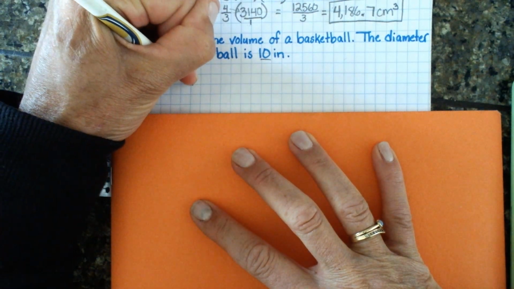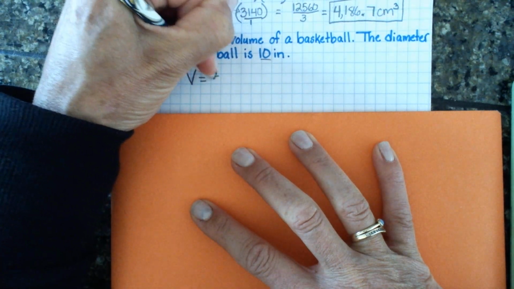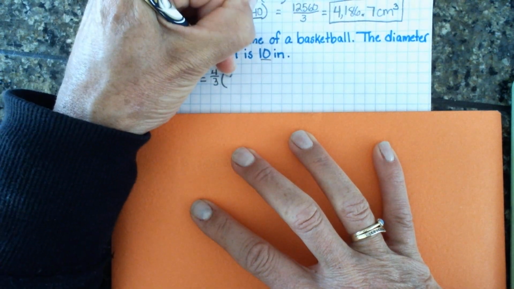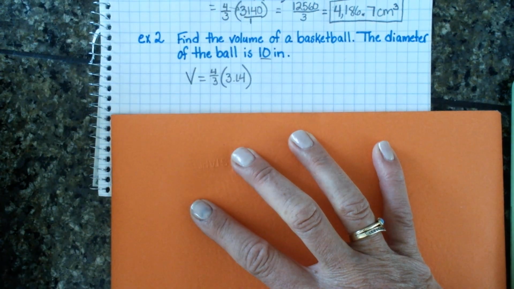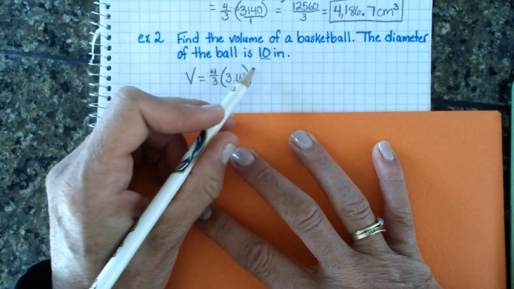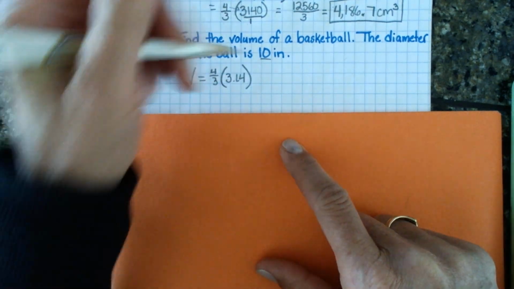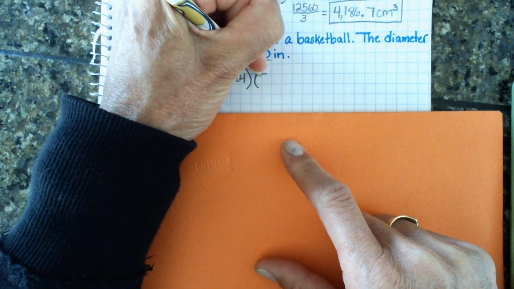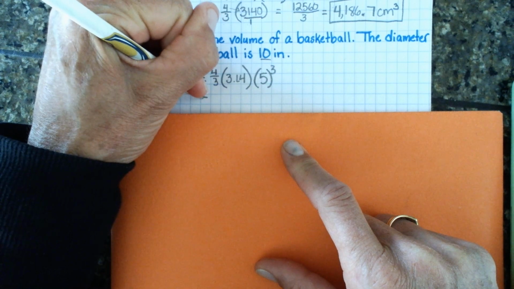So let's plug in the numbers that we know. Volume equals 4/3 times pi times the radius cubed. Well, the diameter is 10, which means our radius is half of that, or 5 cubed.